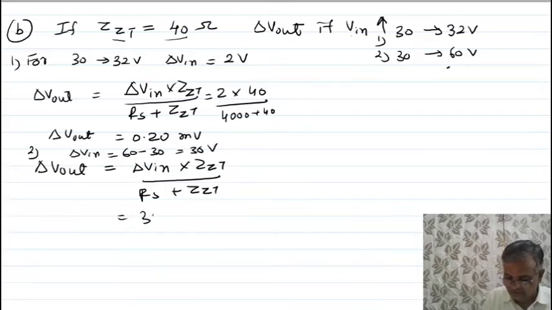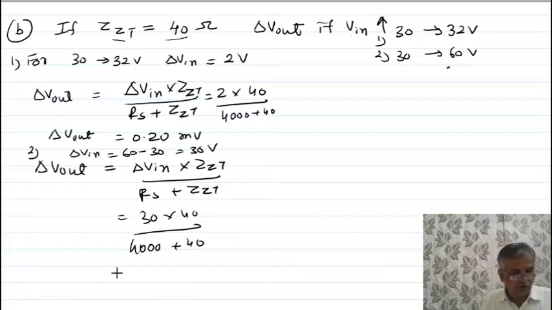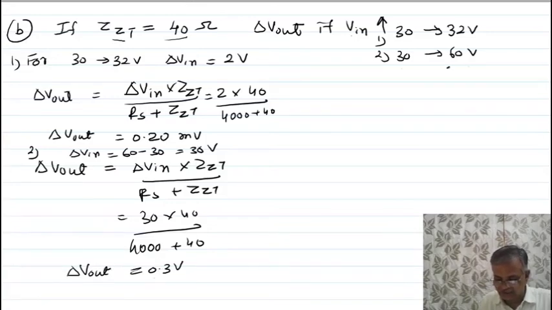So this is 30 multiplied by 40 upon 4000 plus 40. You will get of the order of 0.3 volt. So if the input voltage changes from 30 volt to 60 volt, your change in output voltage is 0.3 volt. If the input voltage changes from 30 to 32 volt, your output voltage changes only 0.2 millivolt from your desired output 18 volt.